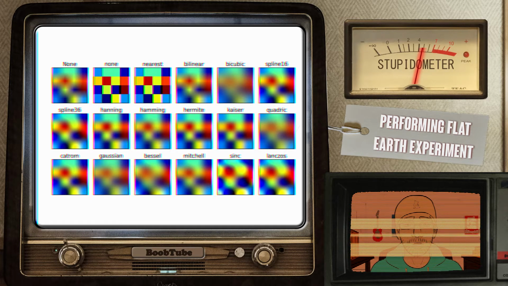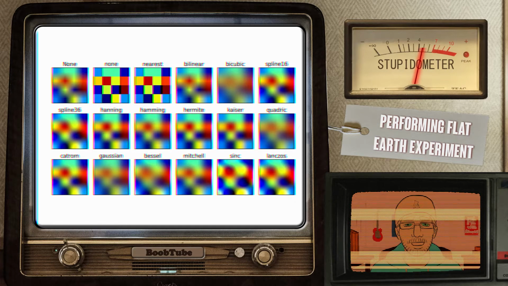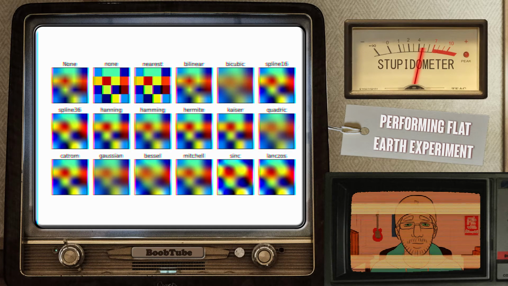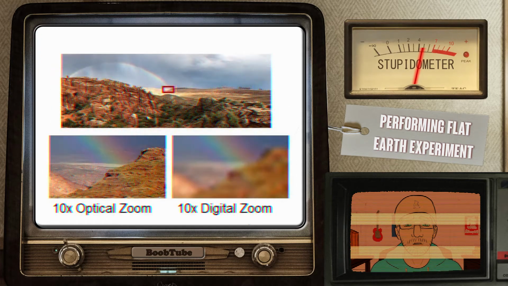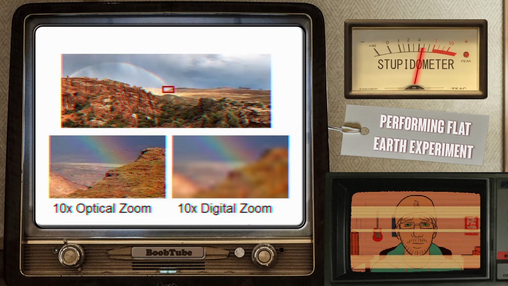One common method is nearest neighbors, and it is exactly what it sounds like. For a missing pixel, we look at the colors of all pixels around it and try to figure out what it should be. Basically, whenever you use digital zoom, you introduce pixels that may not be correct.